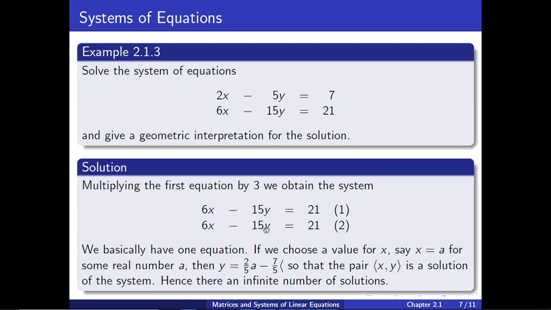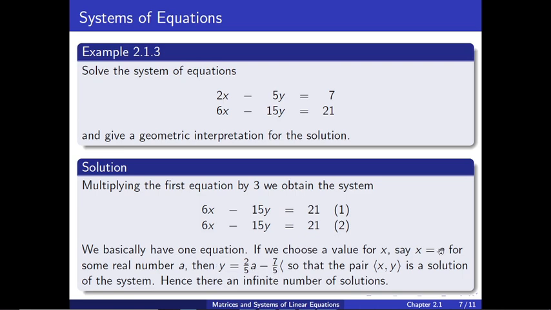If you make y the subject of the formula, you find that y is equal to 2 over 5 a minus 7 over 5, so that the pair is a solution of the system. For any real number a that you pick, you always find a corresponding y.